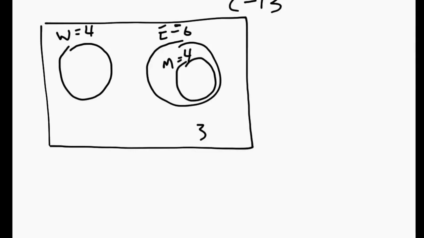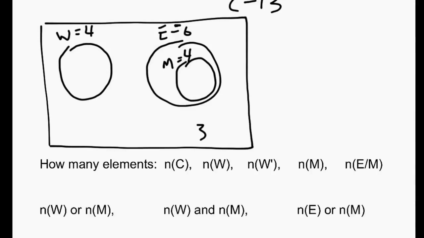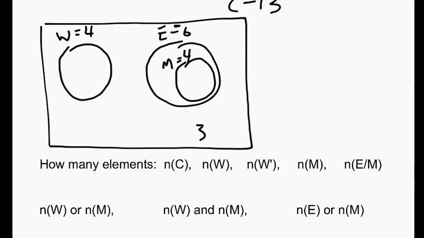Okay, so let's do the first one. If the question said, how many elements? We're going to look at the number of elements in each of these, and we'll be able to answer some questions. The first thing you can see here is the way I type the questions. Often they'll be written as how many elements.